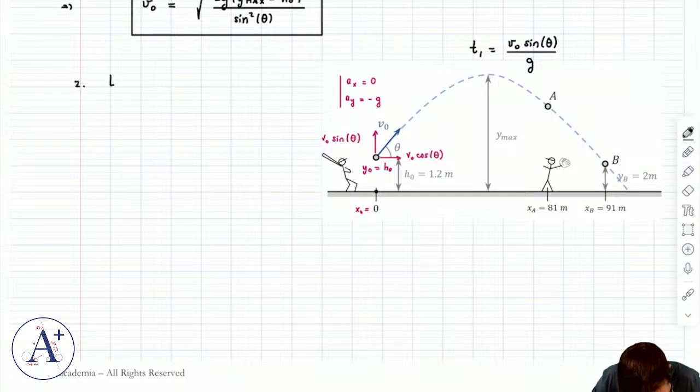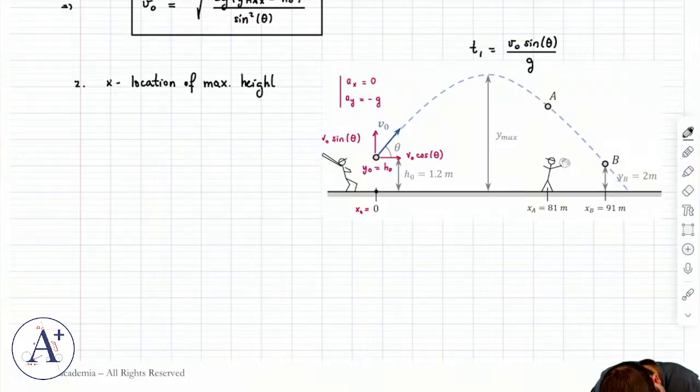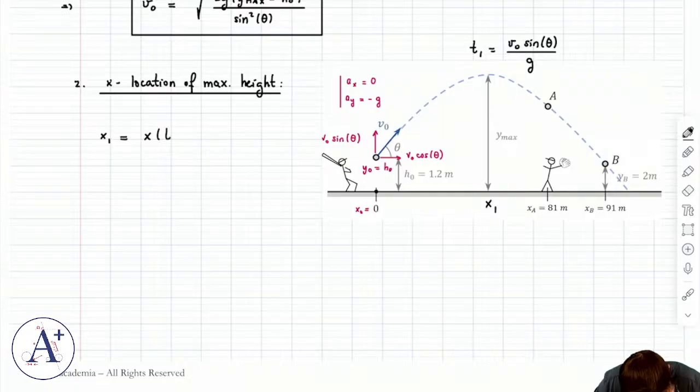And so the x location of the max height is going to be, let's call it x1 to match t1. Well, x1 is x of t1, just like in the previous problem. Again, super classic question, right?